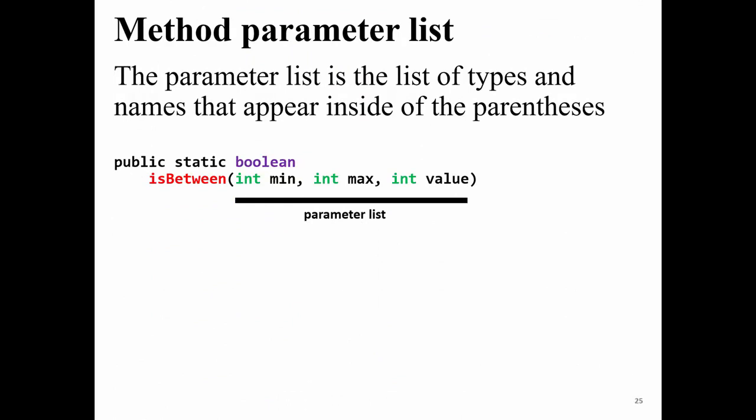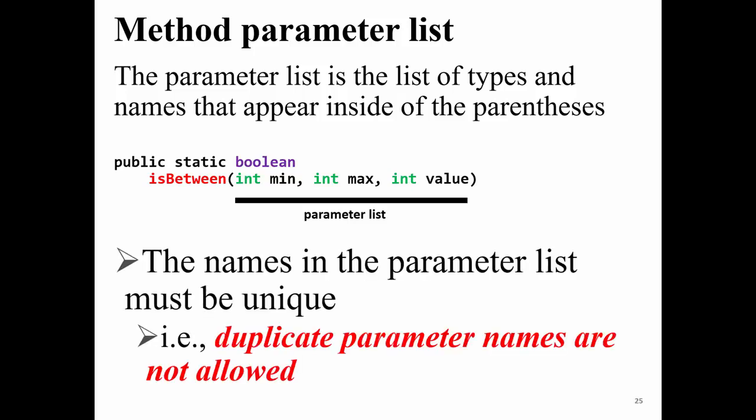The parameter list plays a very important role in the method header to identify the method signature. So you cannot define or reuse the same identifier name inside the parameter list. Int min, int max, int value. I cannot say int min, int min, int min.